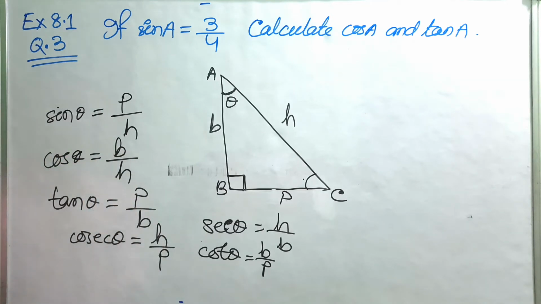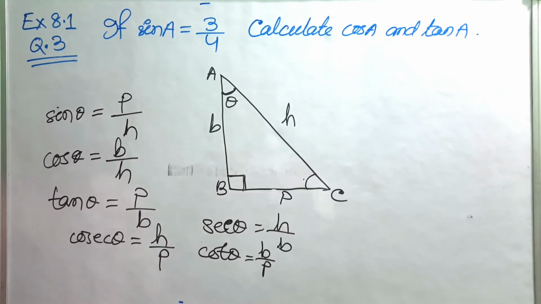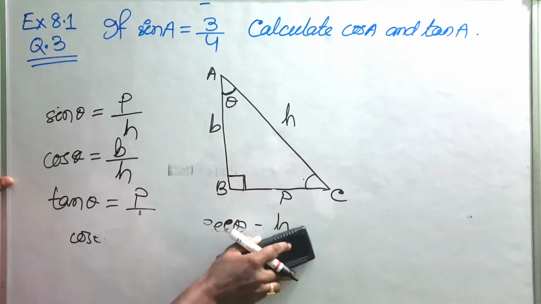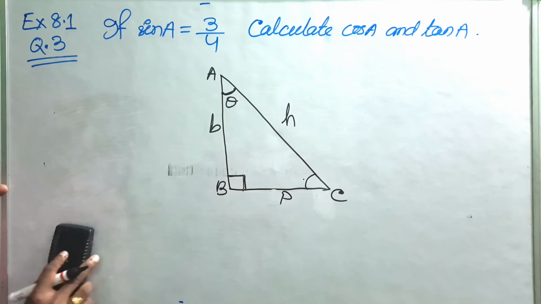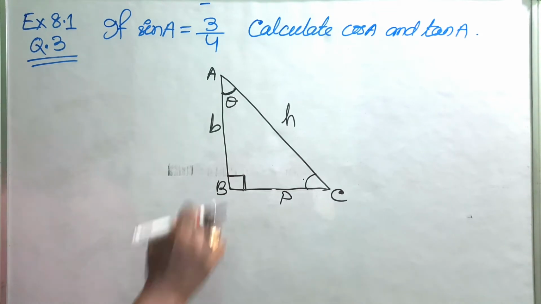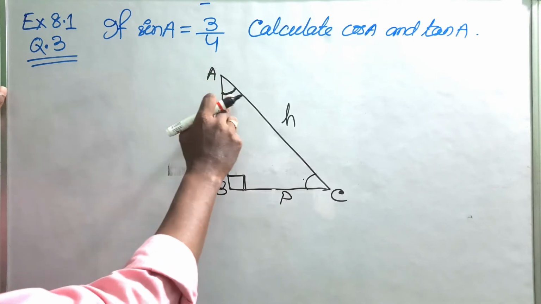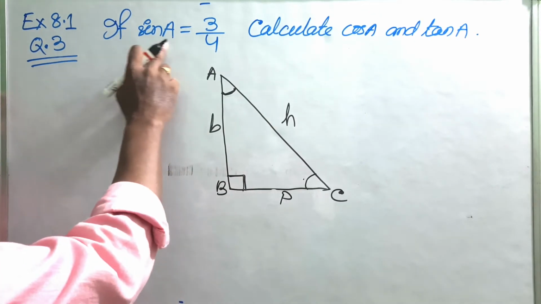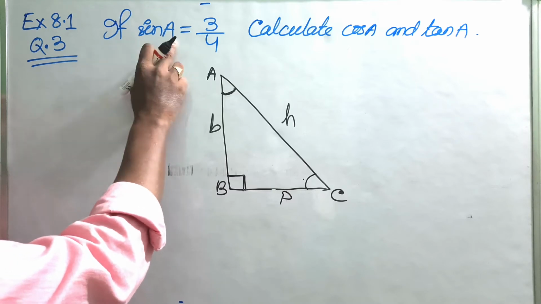Now the question is, if theta is not given, let me erase this one. Suppose theta is not given here, only angle A is given like this. In the question only angle A is given, its sine is taken here.